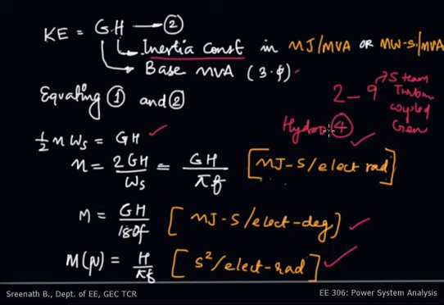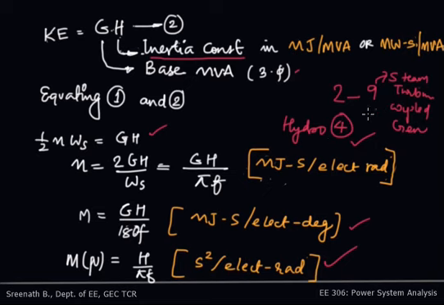Hydro has a lesser value, so your steam turbo generator will have a higher value of inertia constant, and it is able to supply more power during disturbance. If there is a requirement for electrical energy, the kinetic energy can be converted to electrical energy, so more kinetic energy can be stored in the rotating mass for a turbo generator from a steam turbine system when compared to a hydro generator.